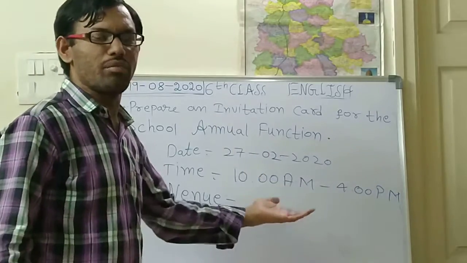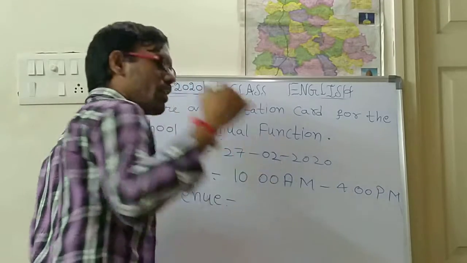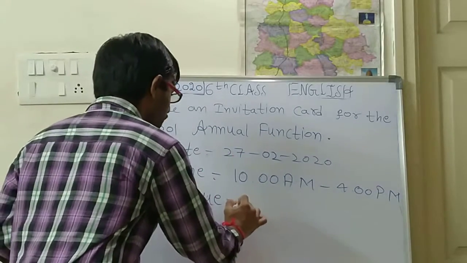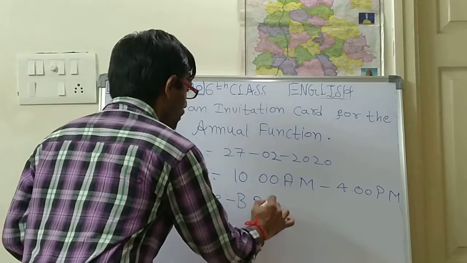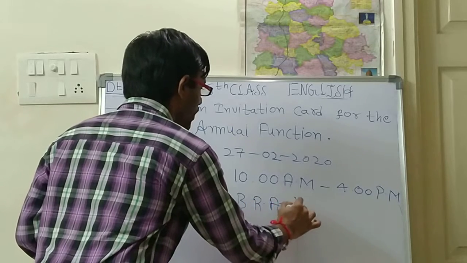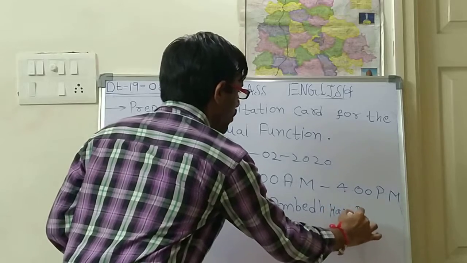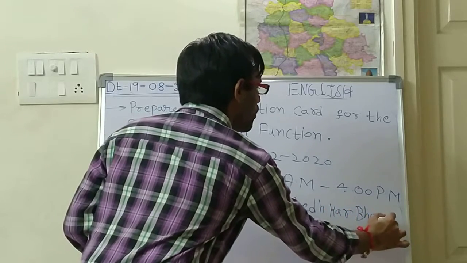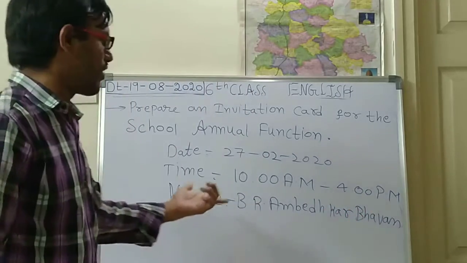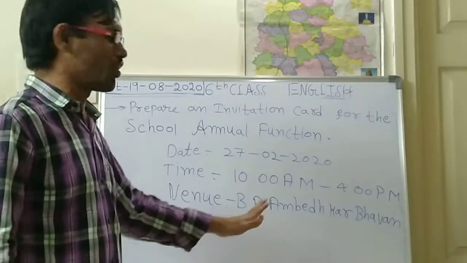You can take any other hall. Suppose here in Kottapet there is B.R. Ambedkar Bhavan. Or else you can take any other function hall. That's up to your wish.